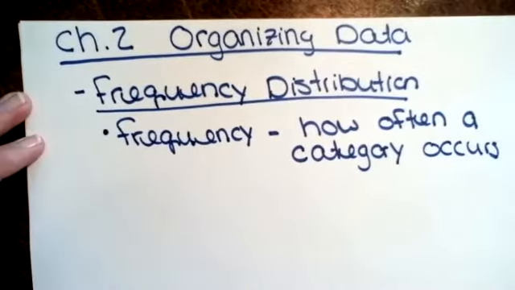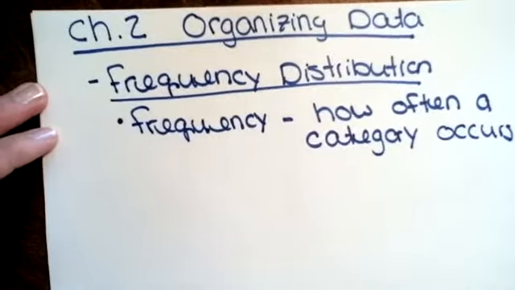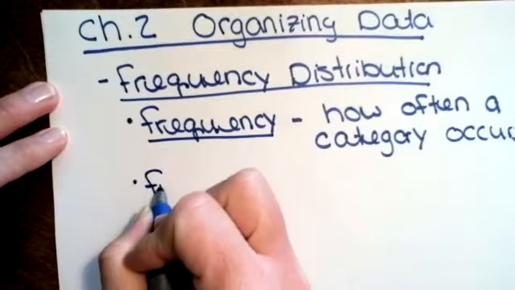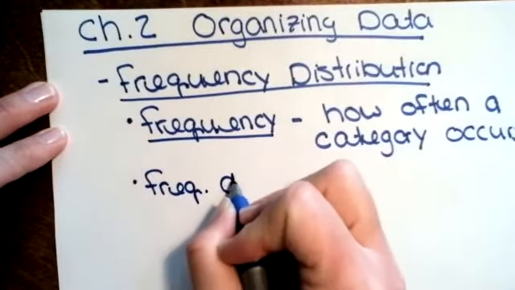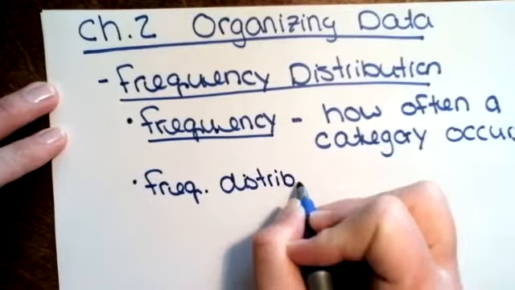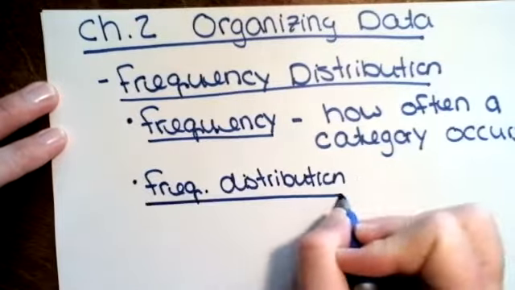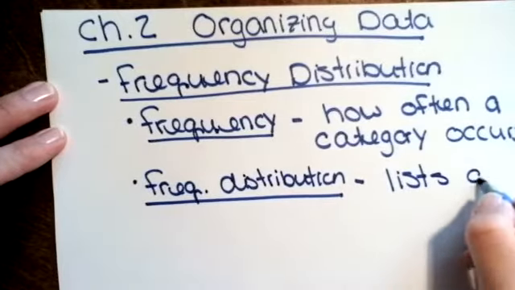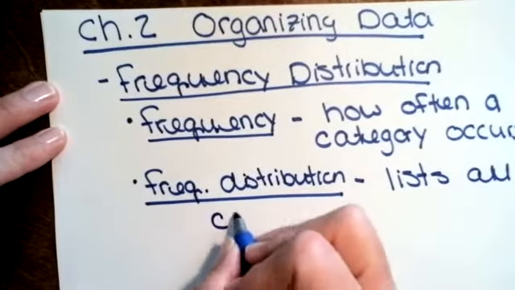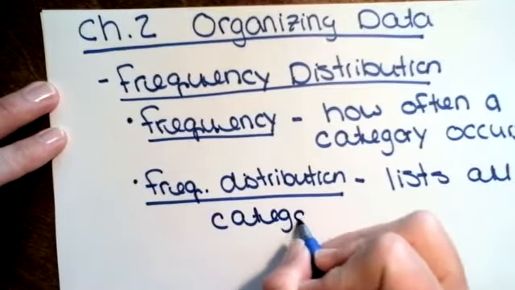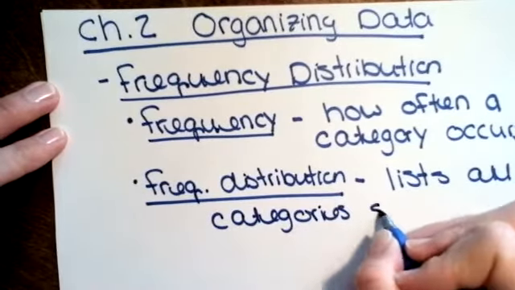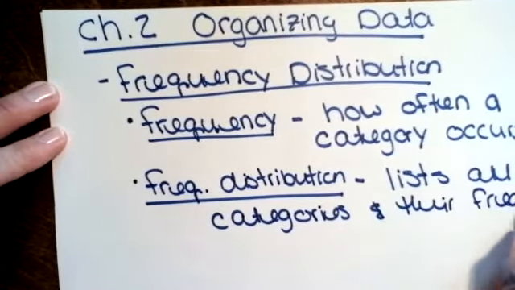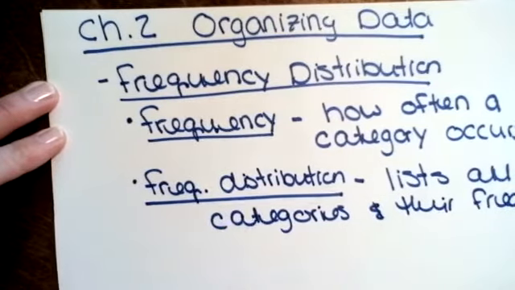Okay. How often a category occurs, and we have our frequency distribution. I'm going to abbreviate a little bit to save space. And this just lists all categories and their frequencies. Okay.